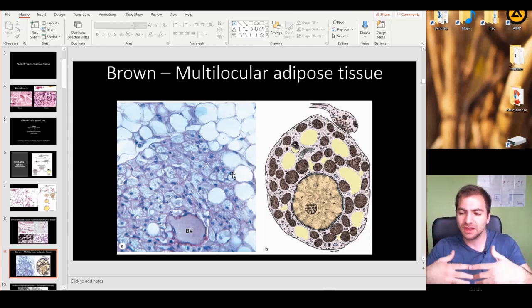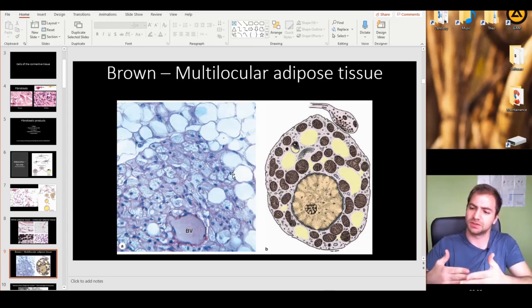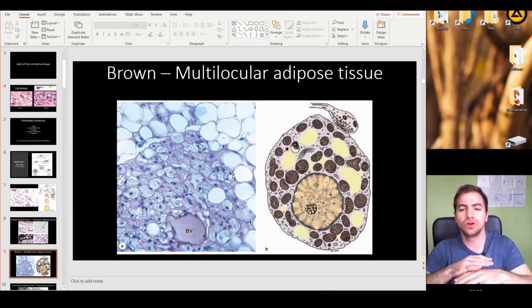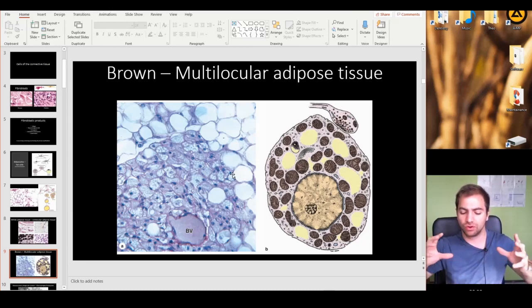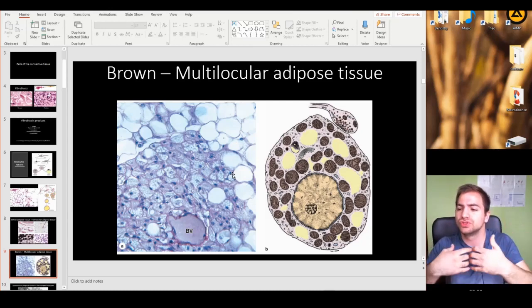Meaning what? The mitochondria, typically, as we know, produce ATP, and this ATP is used for many of the cell functions. In this case, the mitochondria of the brown adipose tissue do not produce any ATP whatsoever, zero. The whole electrochemical gradient between the two different sides of the mitochondrial membrane is used to produce heat.